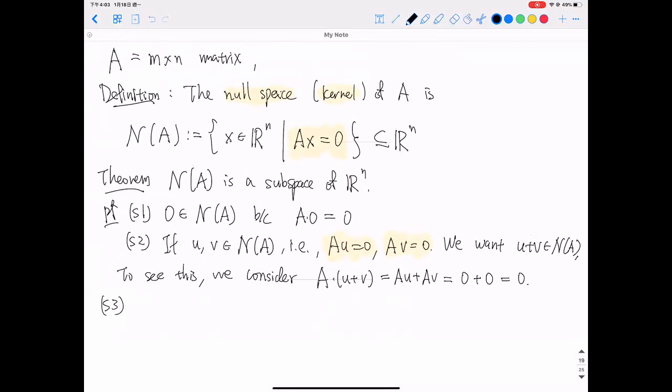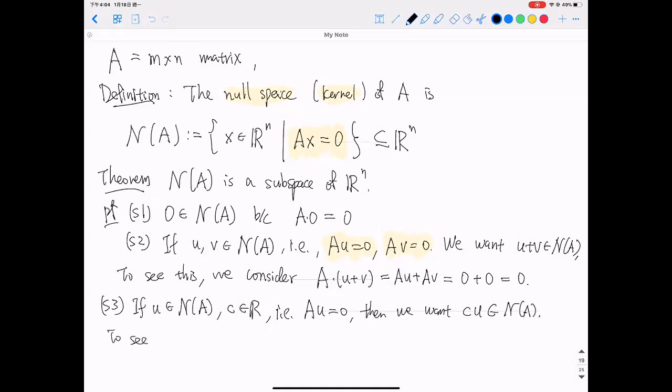Now the final property S3 is about multiplication. If you have u in N(A) and c a scalar in R, being in N(A) means that Au is 0. What we want is that c times u is in N(A).